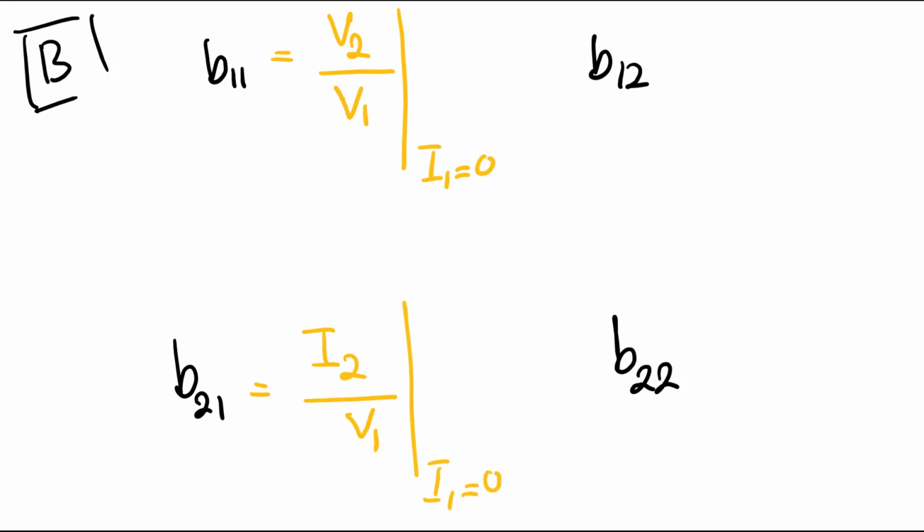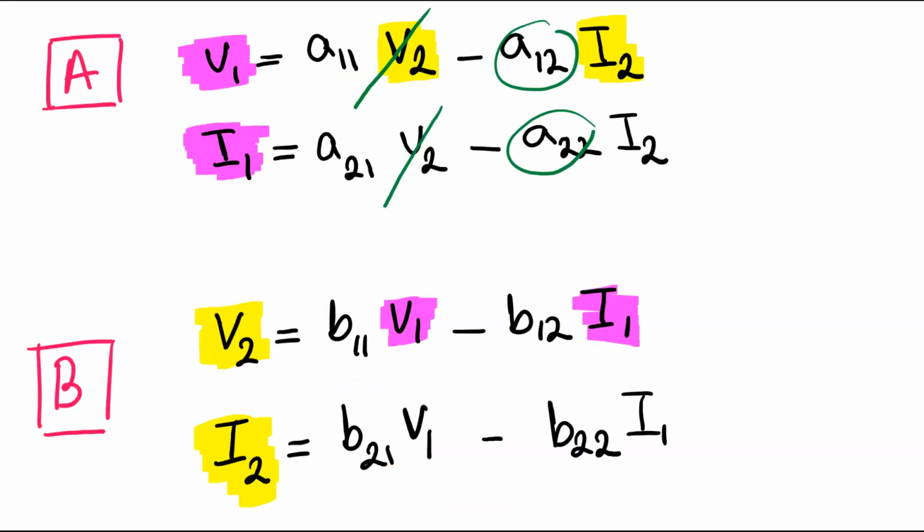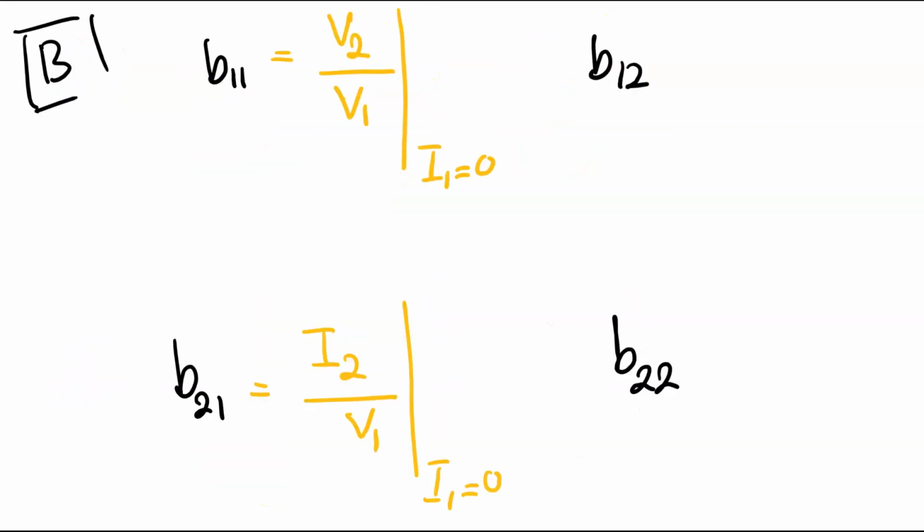Now for the other two parameters, this time I'm going to assume that V1 is 0. So my assumption is that V1 is 0 in this scenario.